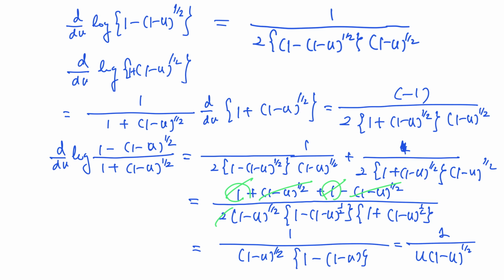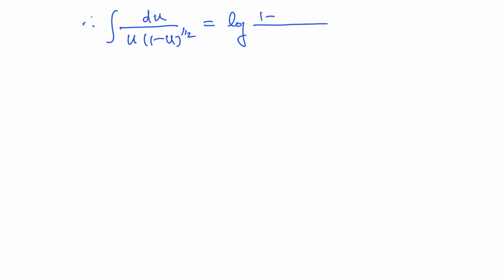This is u. So now, therefore, the integral of du over u (1 minus u)^1/2 is log of ((1 minus u)^1/2 over 1 plus (1 minus u)^1/2), which is psi tilde.